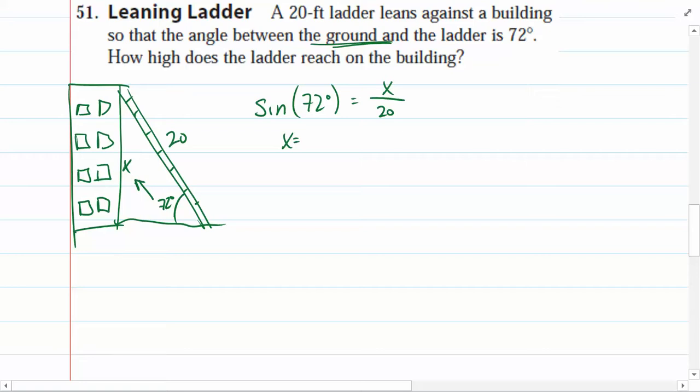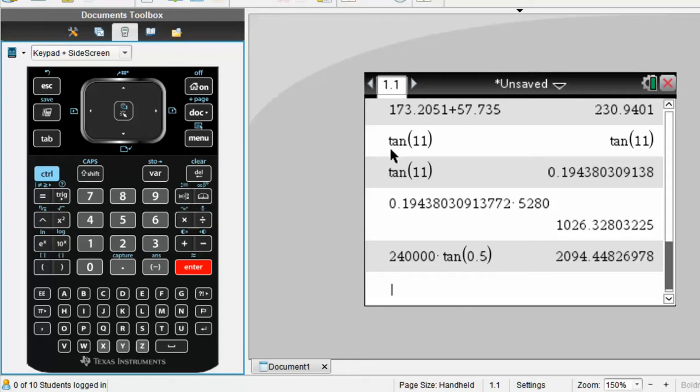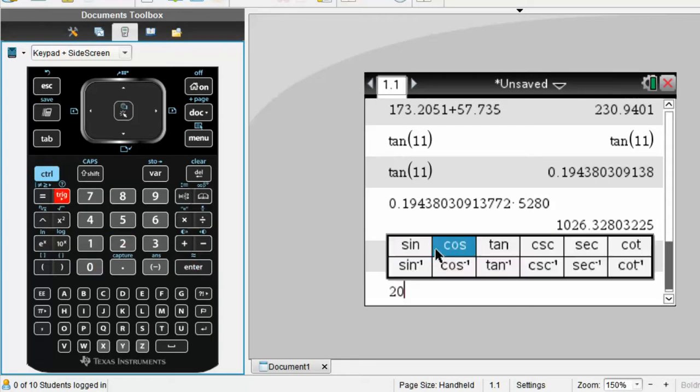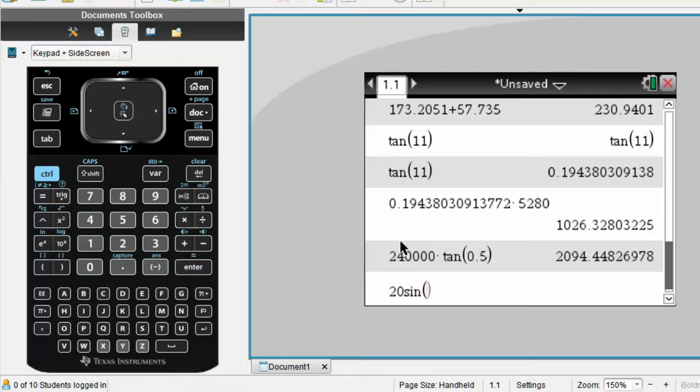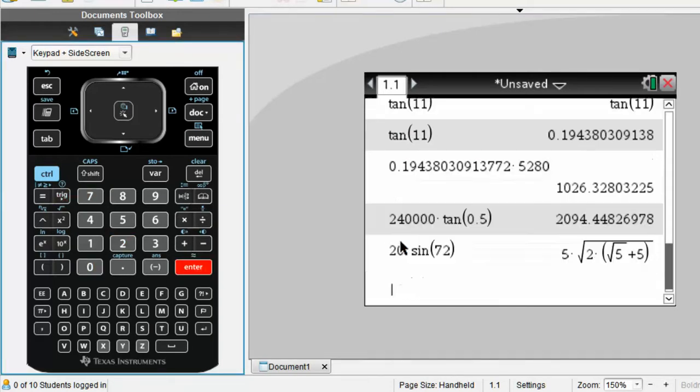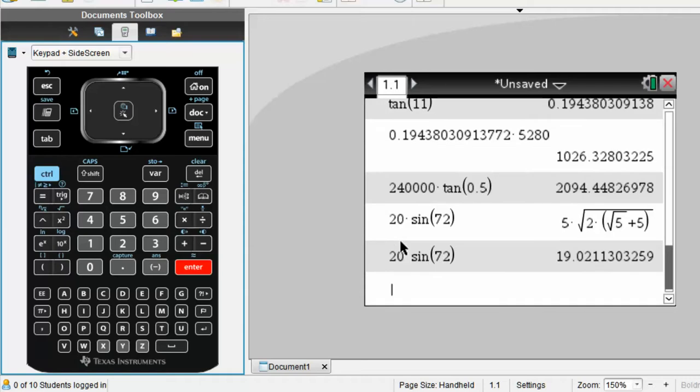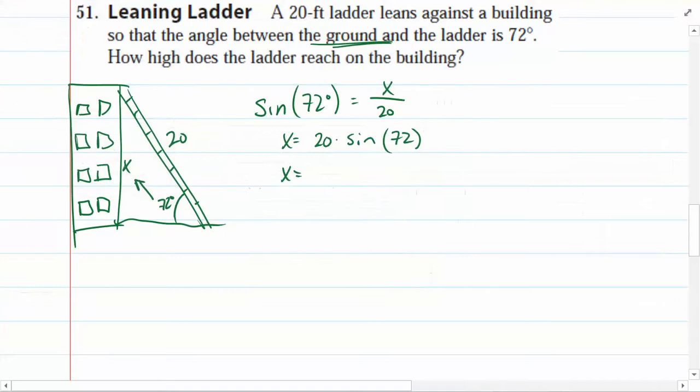So x is equal to 20 times sine of 72. X therefore is equal to the result of that calculation, so 20 times the sine of 72 comes out to be that wild radical symbol, or in decimal results, 19.0211 feet.